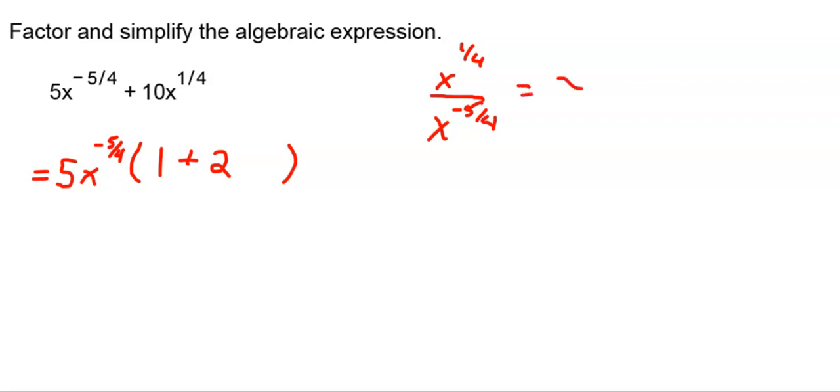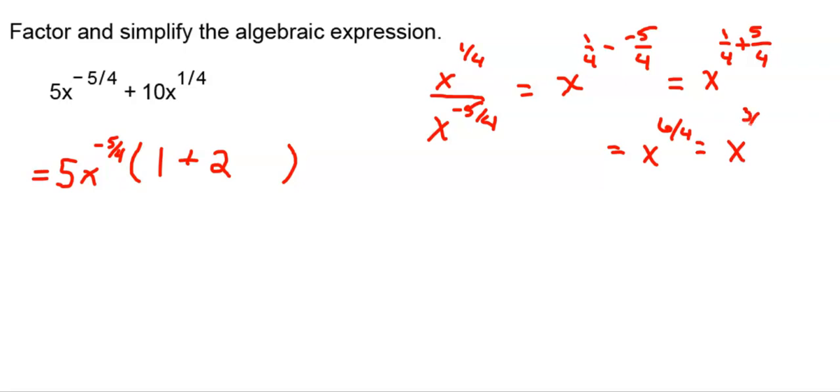So x to the 1/4 divided by x to the negative 5/4 is the same thing as x to the 1/4 minus negative 5/4. 1/4 minus negative 5/4 is 1/4 plus 5/4, which is 6/4. And we can simplify that exponent to 3/2. So x to the 3/2 is the variable part that's left over when we factor out our greatest common factor.